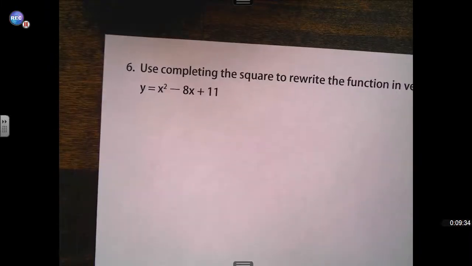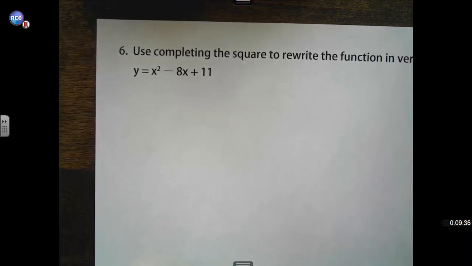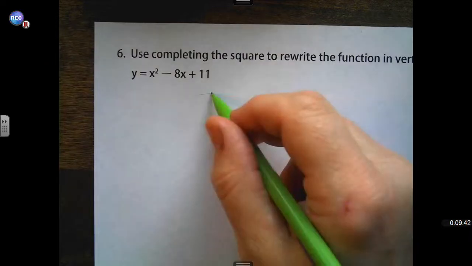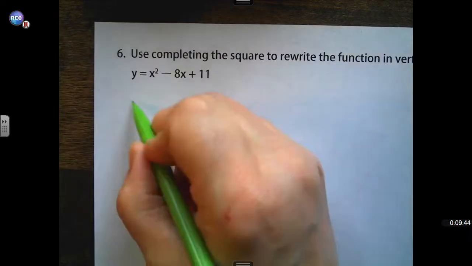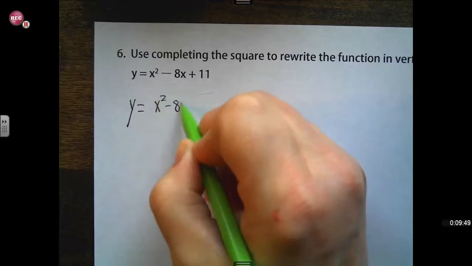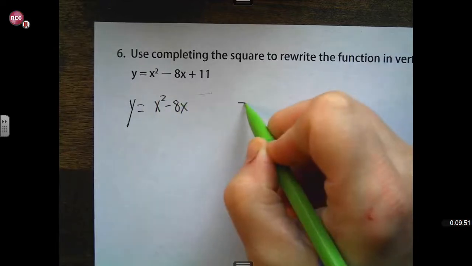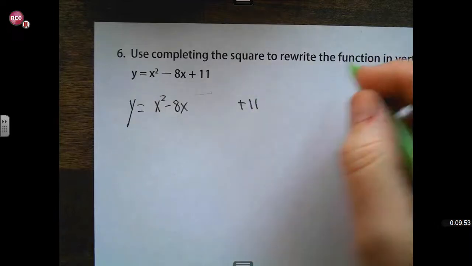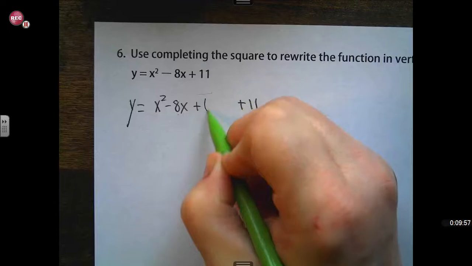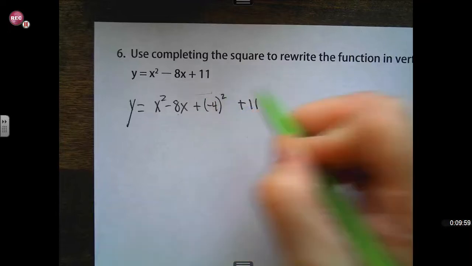So anyway, the whole point of completing the square, as I said, is to change this from standard form to graphing form. Here's how I do that. I take the x squared minus 8x and I separate it from the 11. And now I'm going to take half of this, which is -4, and square it.